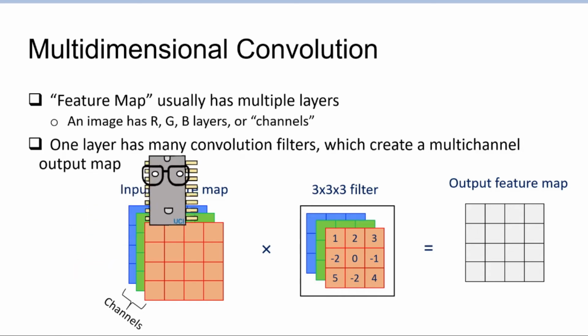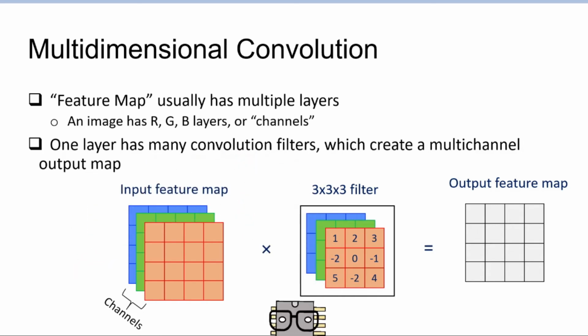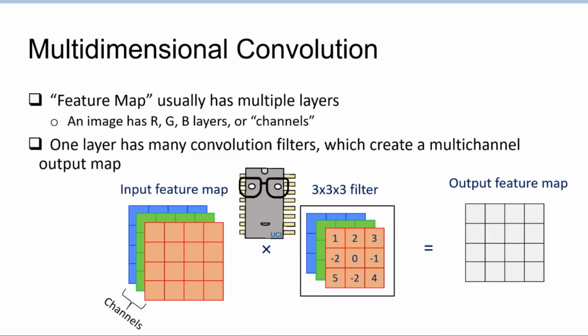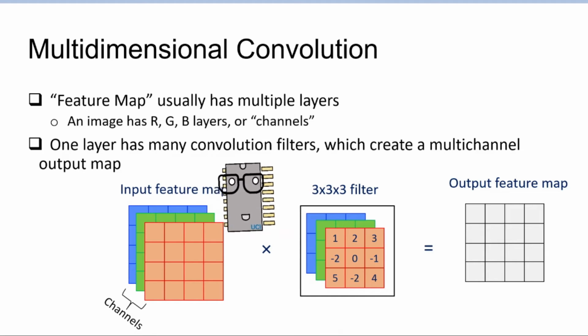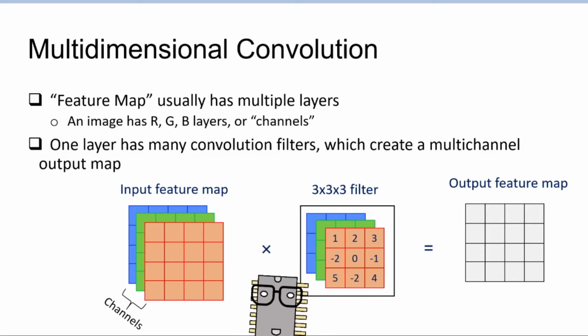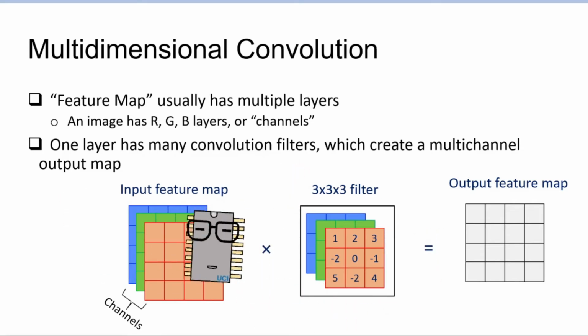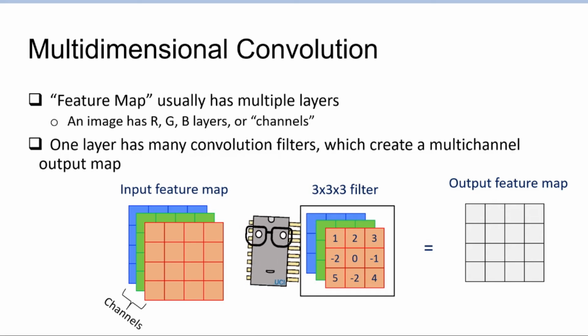If we have a 3-dimensional input map, a 3-channel input map, we can also have convolution filters that are also 3-dimensional. For example, the simple example we saw before was a simple 3 by 3 2-dimensional filter, but some models can actually use three-dimensional filters, 3x3x3 filters, which look at 3x3 filters in all input channels at the same position.